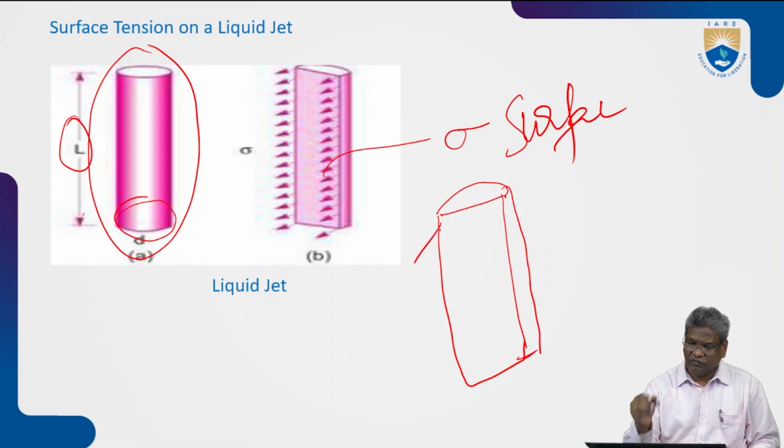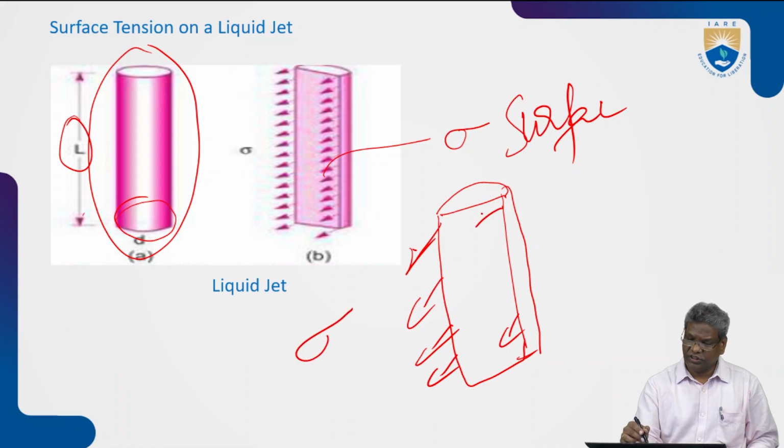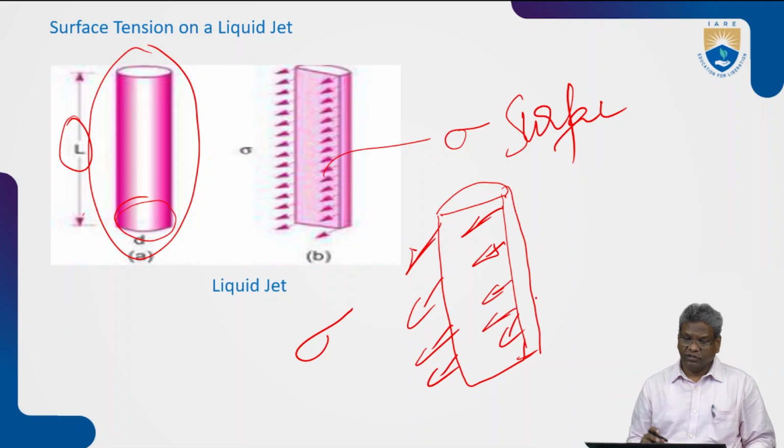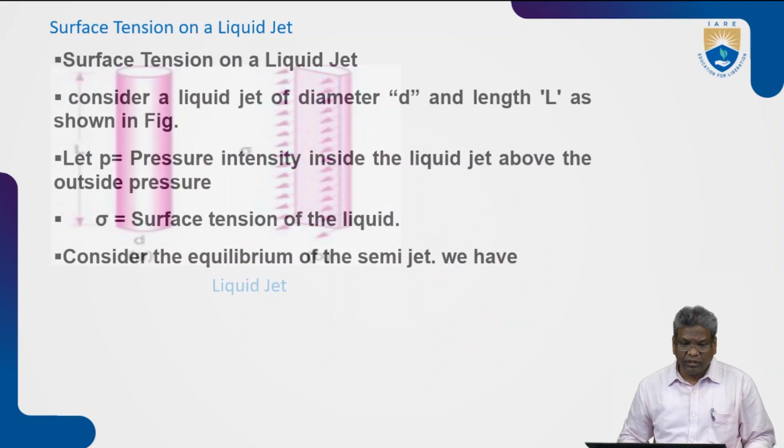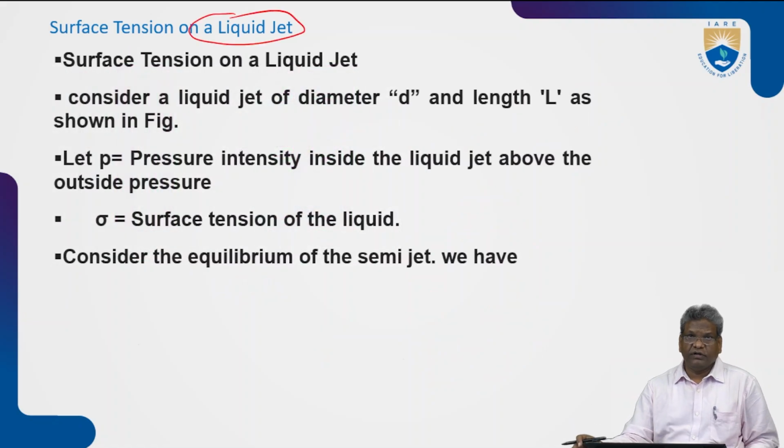On the surface where we cut, on the circumference, we can have surface tensions, right? Surface tension is always acting on the circumference or outer line of the liquid jet. So that is why we can see surface tension of the liquid jet.